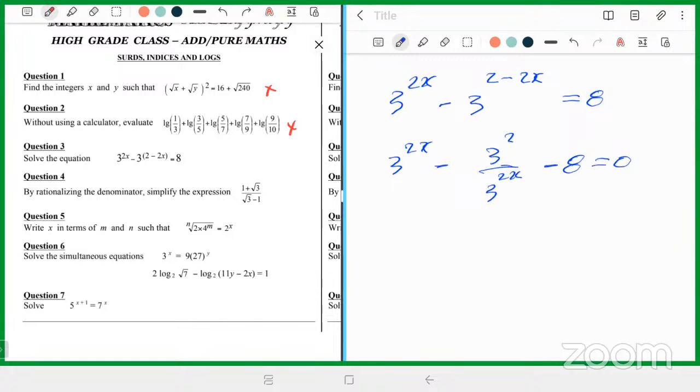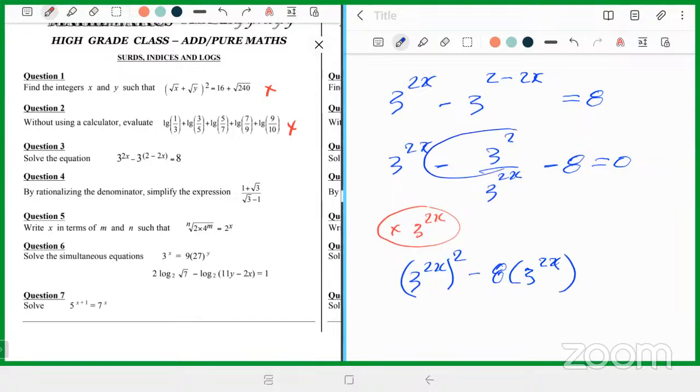We can multiply through by 3 to the 2x to get rid of that fraction. This becomes 3 to the 2x all squared, minus 8 times 3 to the 2x, and minus 9, because this is cancelled and 3 squared is 9, equals 0.